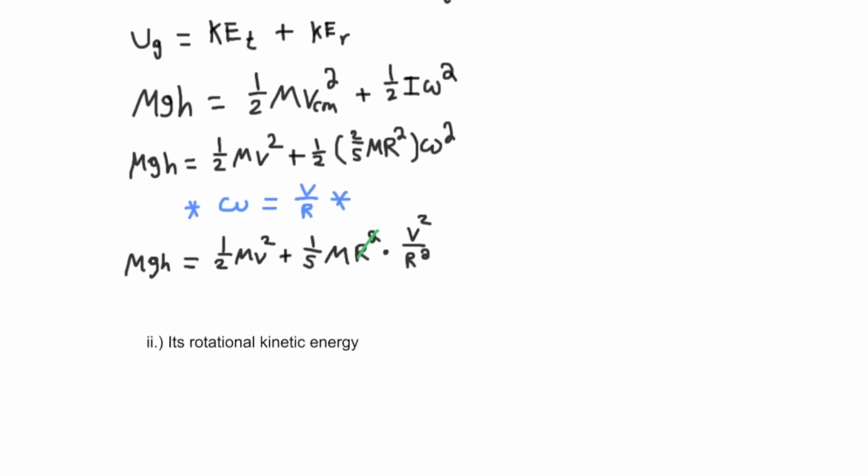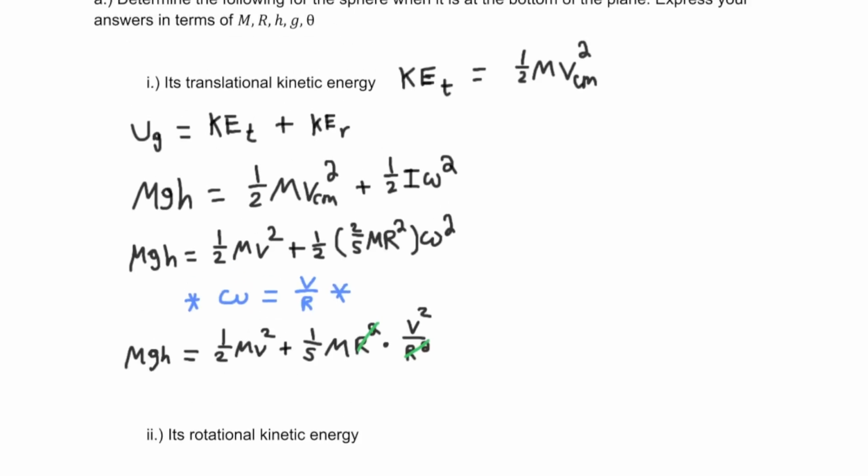So, boom, boom, the r squareds divide out, which means that starting another column over here, we're going to get mgh is equal to 1/2 mv squared plus 1/5 mv squared.